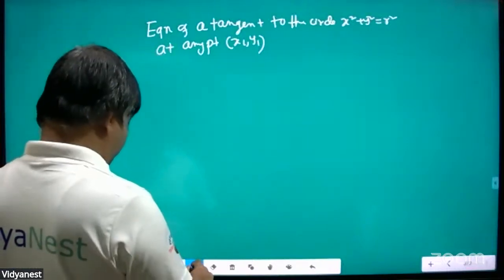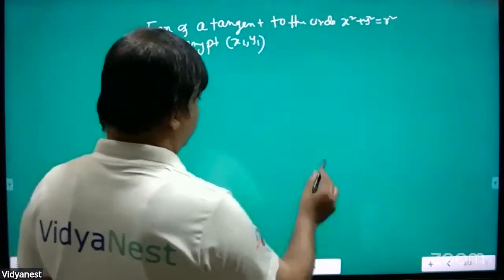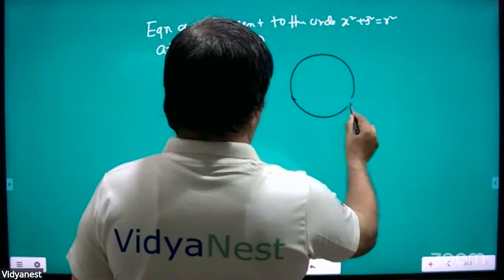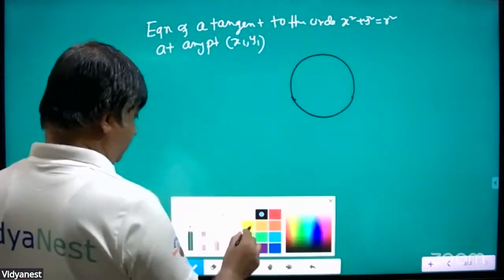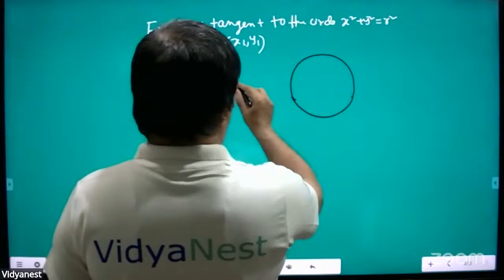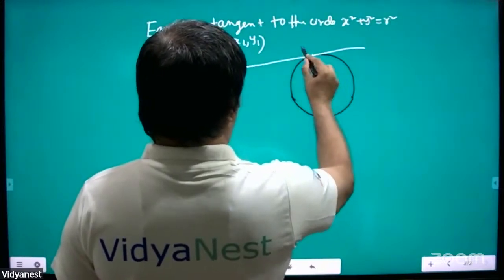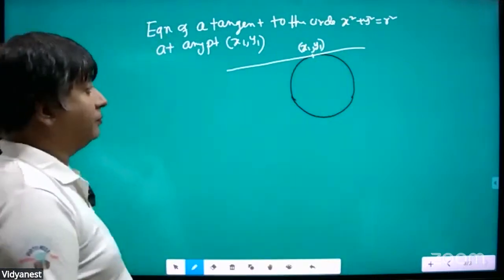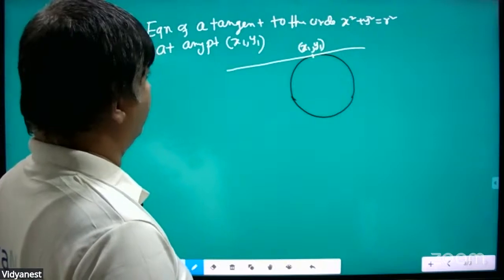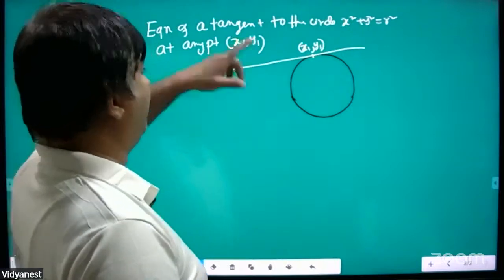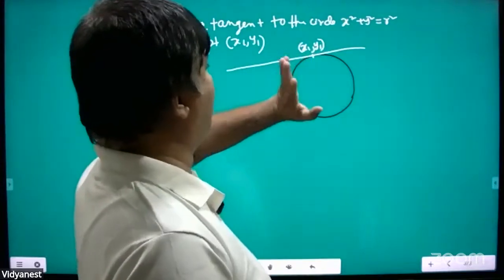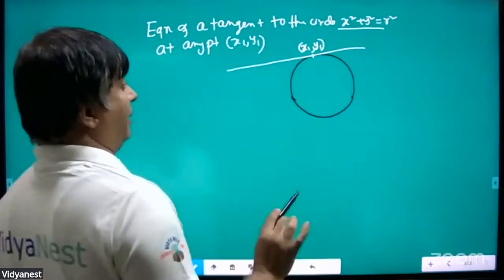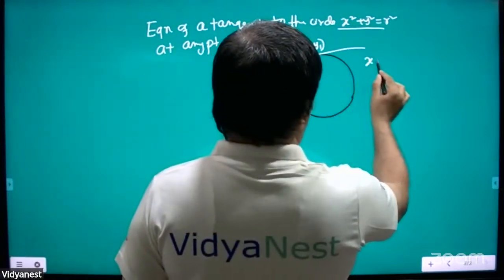Suppose there is a circle and there is a tangent at the point x1 y1. At this point x1, y1, we have to draw one tangent, and that tangent's equation we have to find.